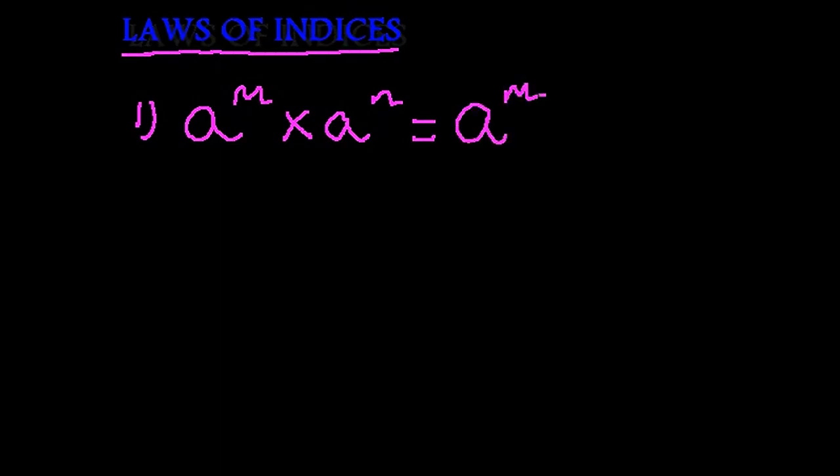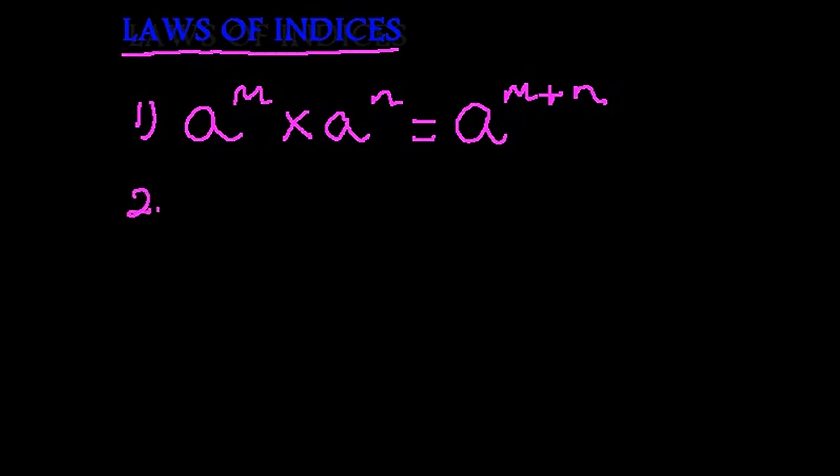So before we do several questions regarding the application of rules of indices, let's have a look at the three rules of indices. The first one: if we are given a raised to power m multiplied by a raised to power n, it should be equal to a to the m plus n.